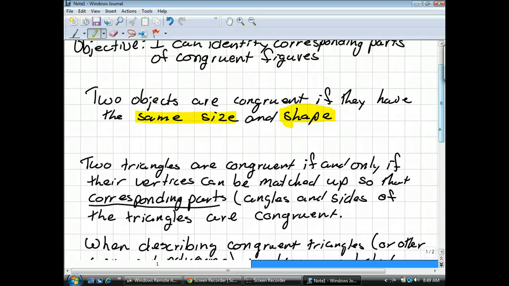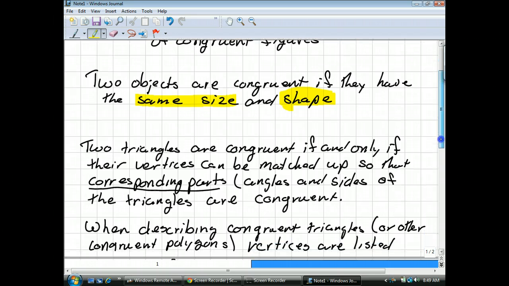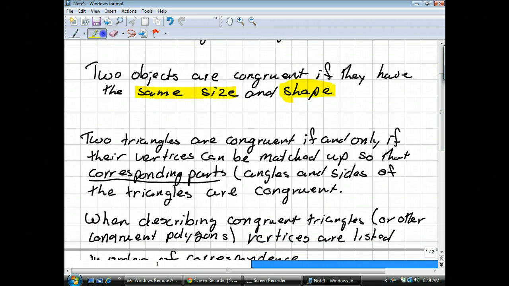In other words, their angles are the same. They line up to be the same angles, and their sides line up to be the same lengths. Okay? And so we would say then that two triangles are congruent if and only if their vertices can be matched up so that corresponding parts, meaning the angles and sides of the triangles, are congruent.